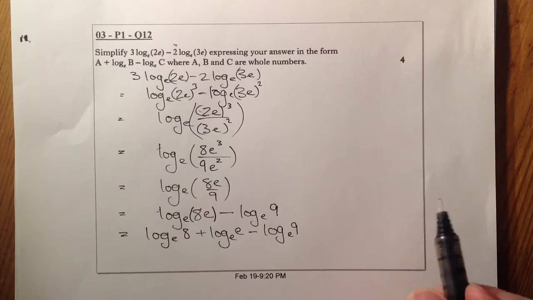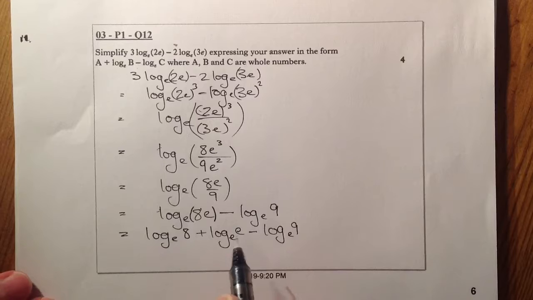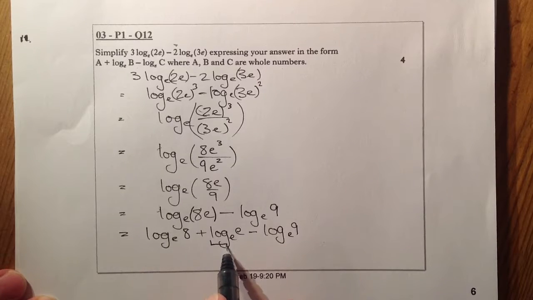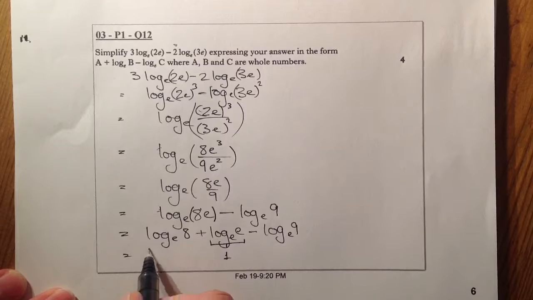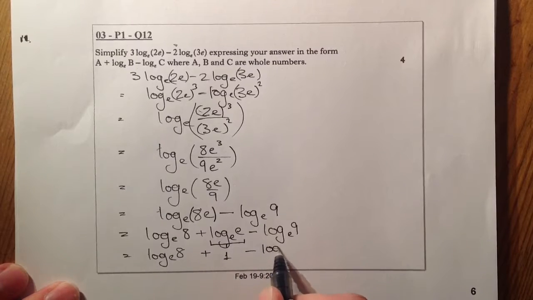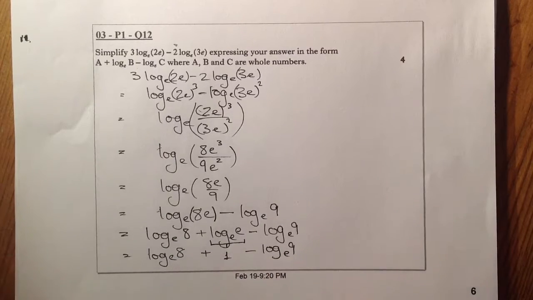From there, I've just got one more step to do really. Anything log to its same base is going to be equal to 1. So this part here is just equal to 1. So what I have here is log_e 8, plus 1, minus log_e 9.